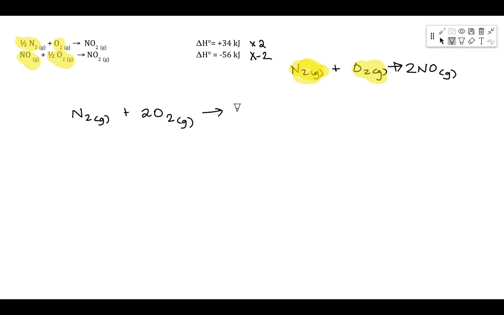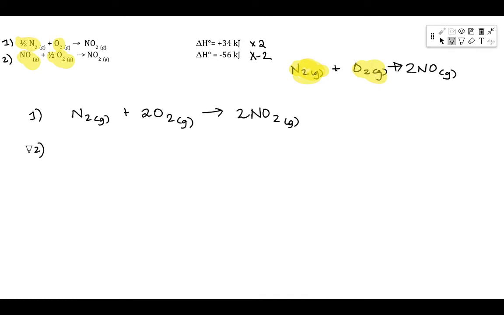And then NO2 will become 2NO2 gas. Okay, I'm not going to be concerned with the delta H values, not yet. I won't do that until I figure out the correct target equation. I forgot to number them, so this is the first reference equation.